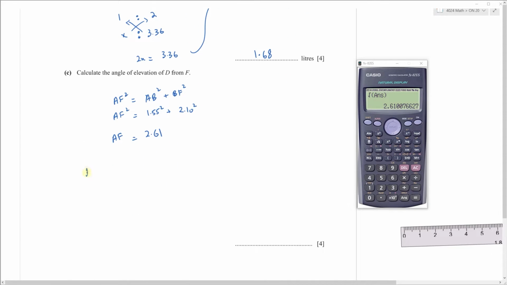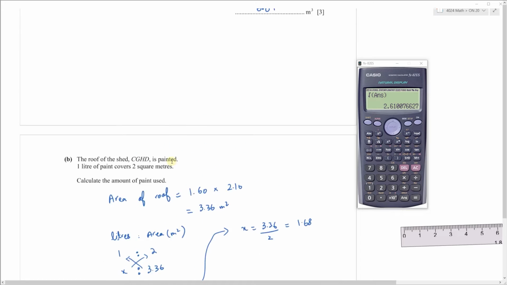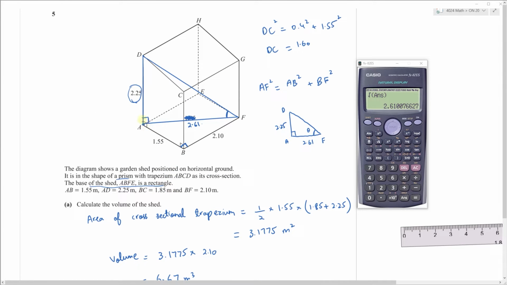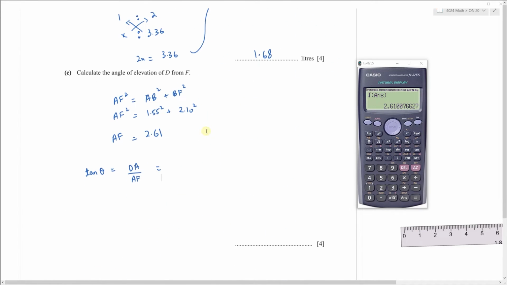DA is 2.25 and AF is 2.61. So tan of theta will be 2.25 divided by 2.61.